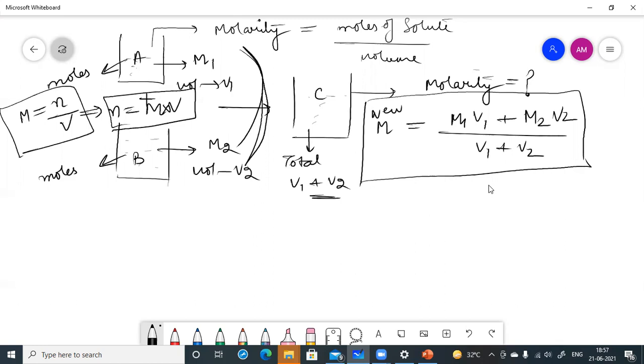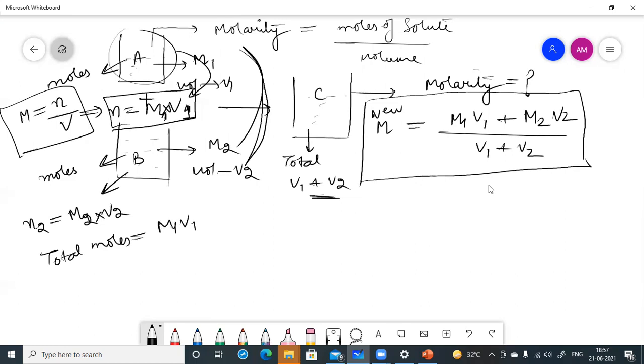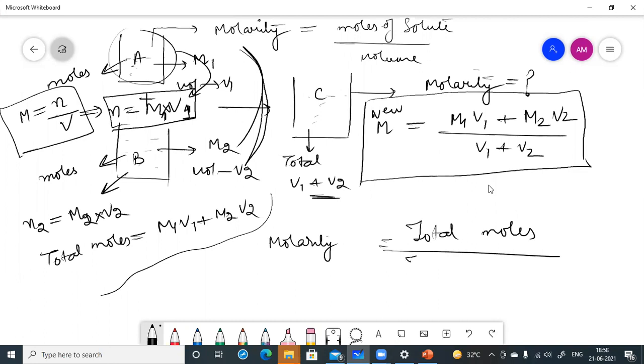Yes, sir. And the number of moles in this solution will be M2 into V2, and the number of moles in solution A will be M1 into V1. So the total number of moles will be M1 V1 plus M2 V2. So if you want to find out the new molarity, that will be the total number of moles now present in the new solution upon the total volume.